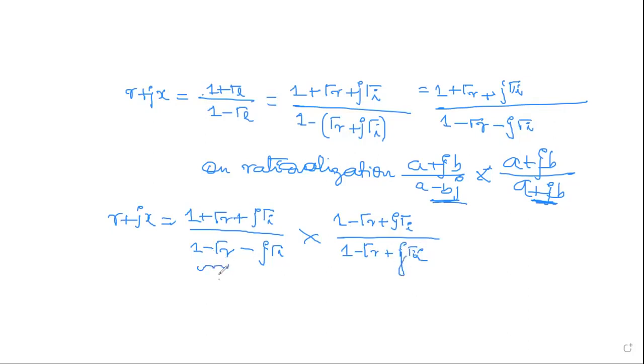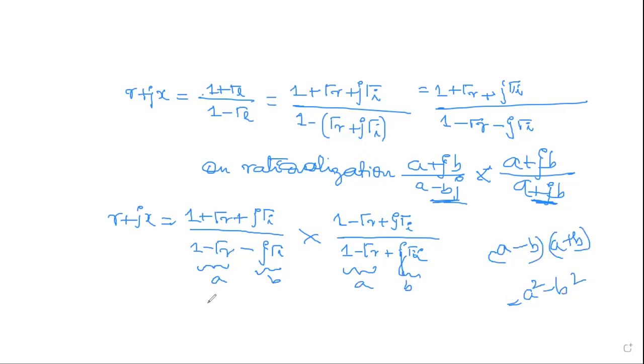So here I can take this as A, this also A, and this will be B and this will be B. So it is in the form of A minus B into A plus B, which is nothing but the A square minus B square form.